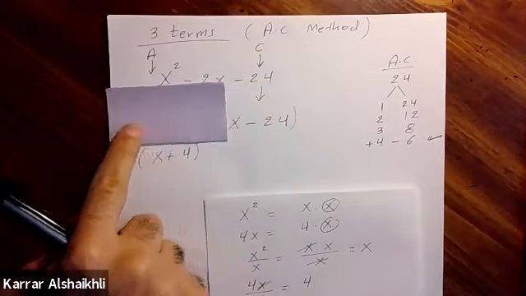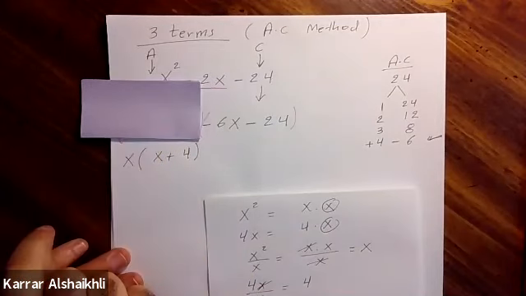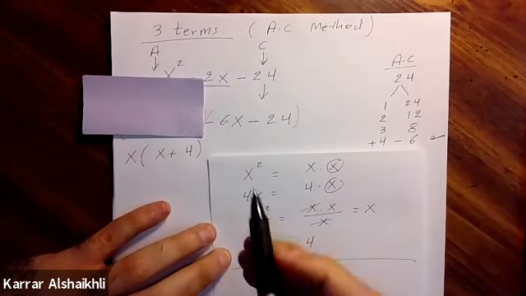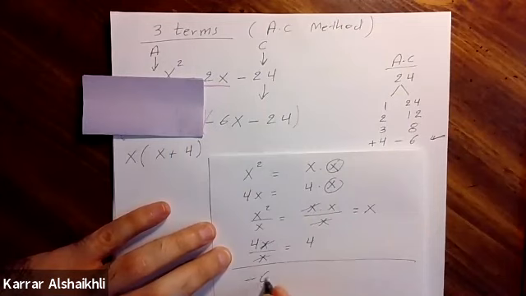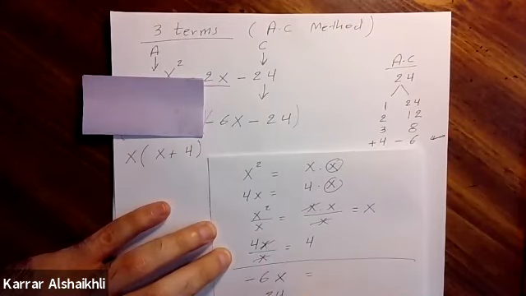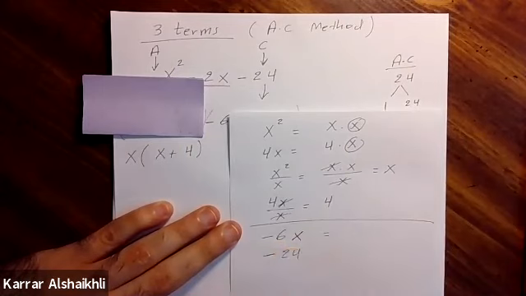I'm going to take this one away, so I can see the second group. Now, the second group, I have negative 6x and I have negative 24. So let's factor the first one. Check what I'm doing here. This is the first one.